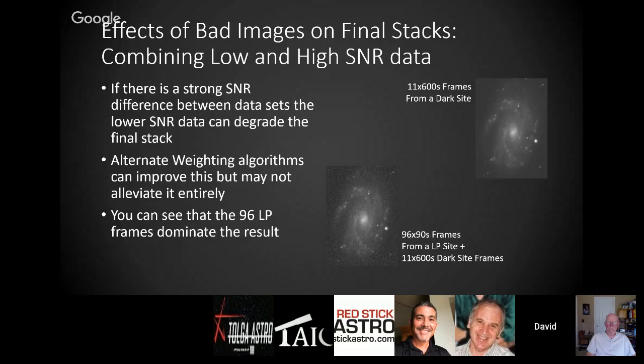These have been fit, so they're exactly the same intensities, and you can see that just 11 10-minute frames from a dark site are significantly better than combining those 11 by 600 seconds with 96 90-second frames from my backyard, from a light polluted site. You can see they actually degrade the final stack fairly significantly. So there's benefits and drawbacks here and ways to deal with this.